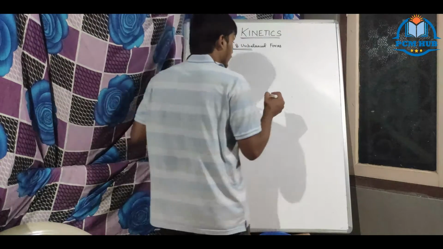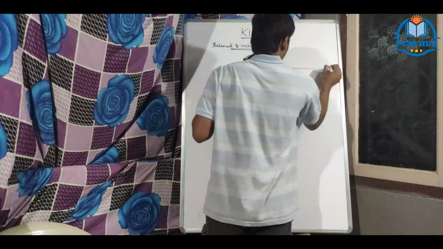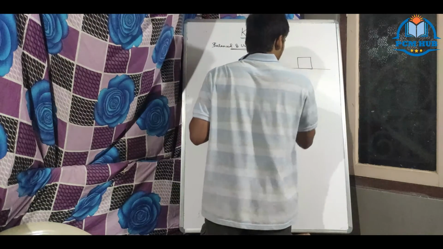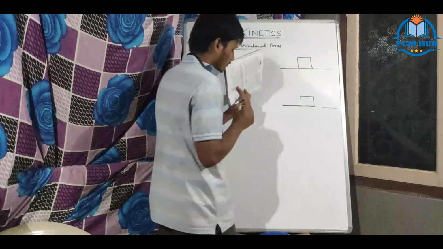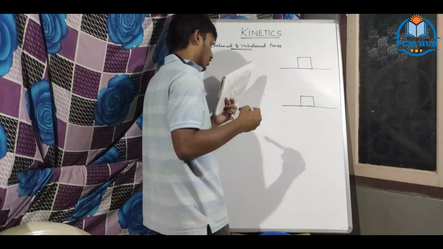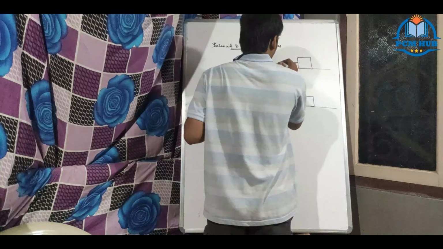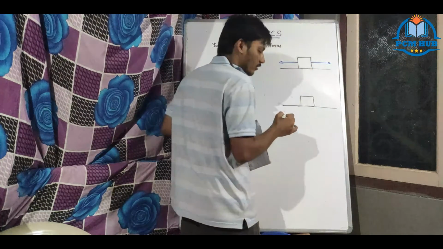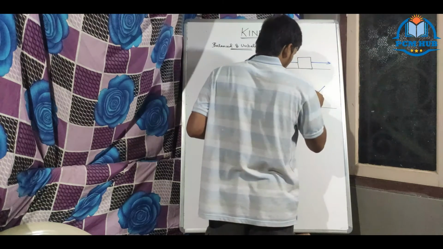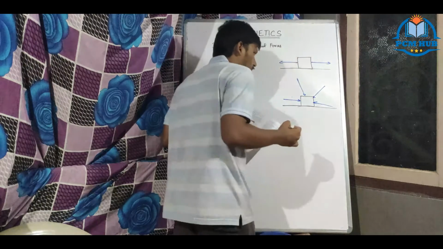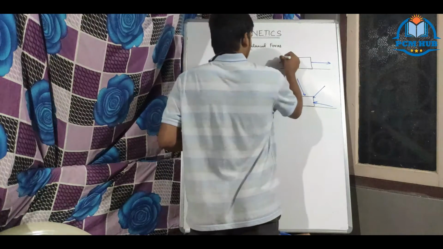Now when there is a body, I will show you two cases, then you will understand nicely. There is a body like this. This is one body. Another case, there is also the same body. Now let us name the forces.